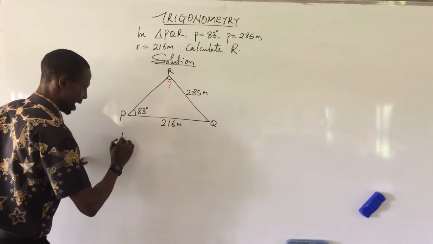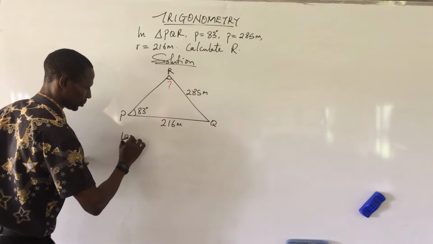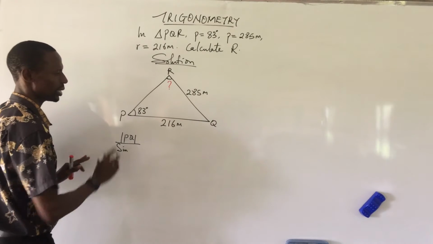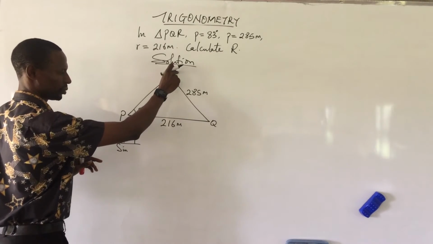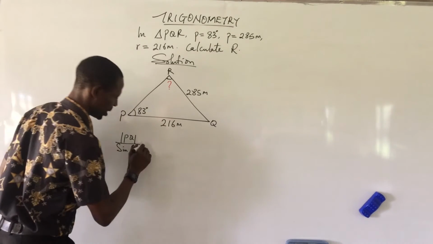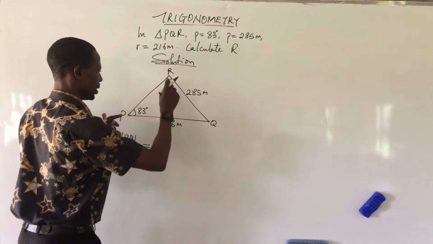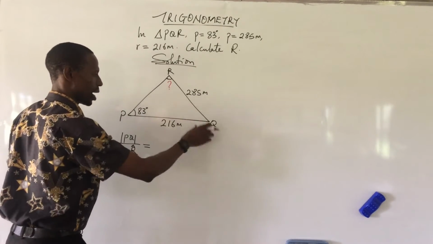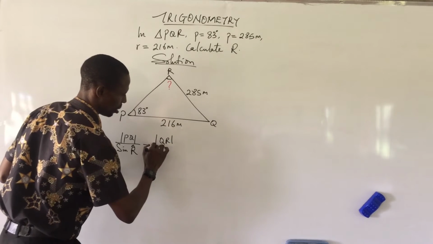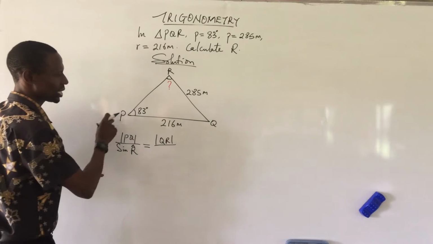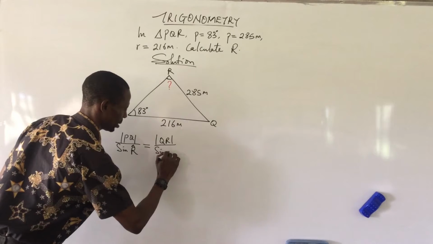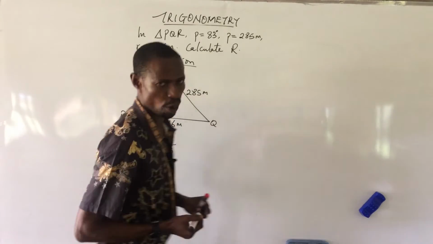So we have line PQ all over sine capital letter R, angle R, is equal to line QR all over the angle that is facing QR, which is P. So we have sine capital letter P.